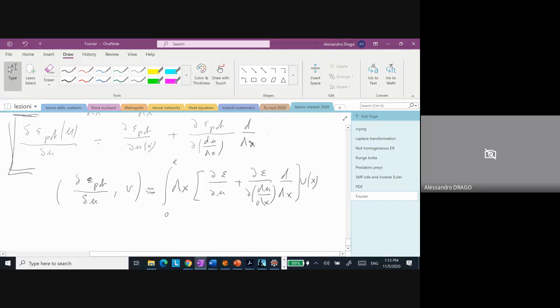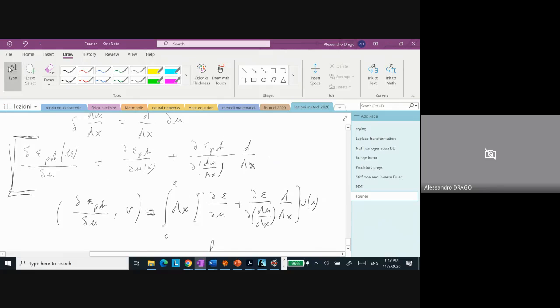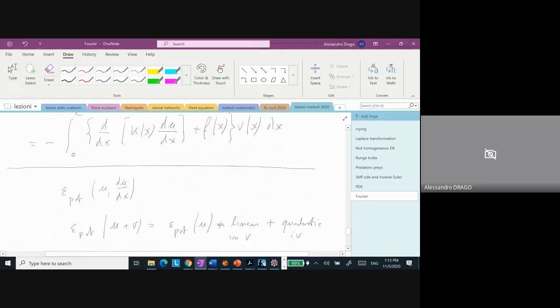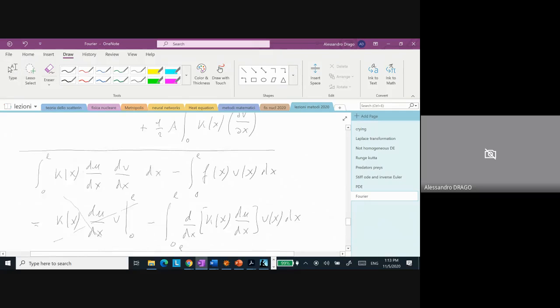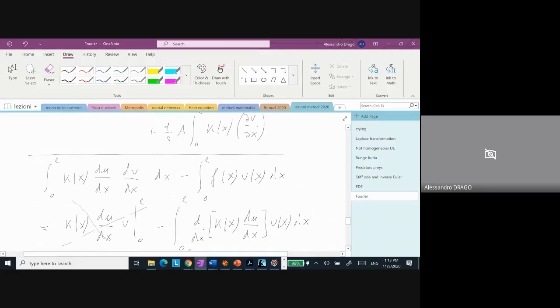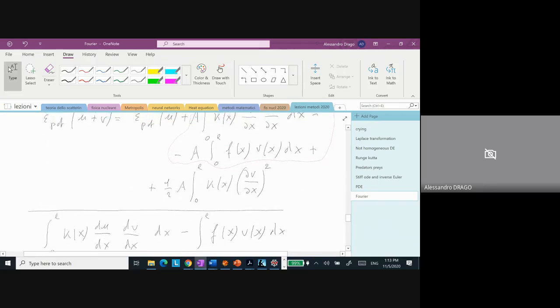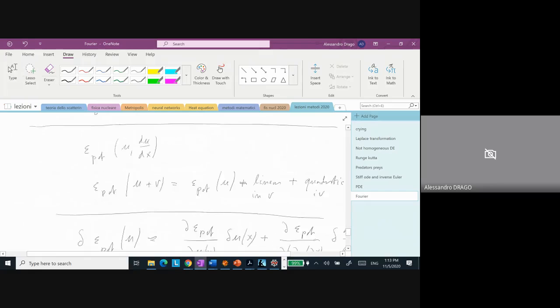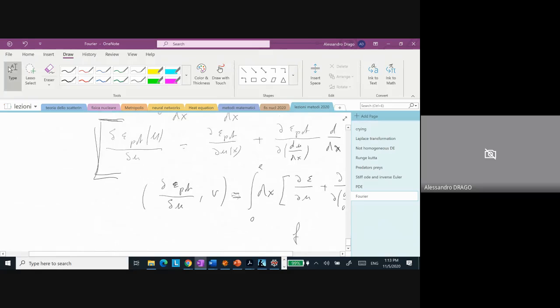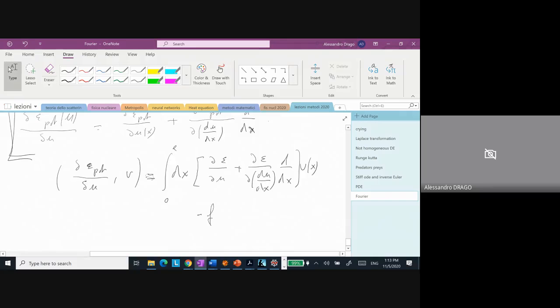Now what happens if you write explicitly the derivative of epsilon with respect to u? This is just f, okay, and the derivative of epsilon, because epsilon was written here. So very sorry, there is a minus sign. I was already forgetting the minus sign. So this is minus f. While this object here contains the k, the u over the x.